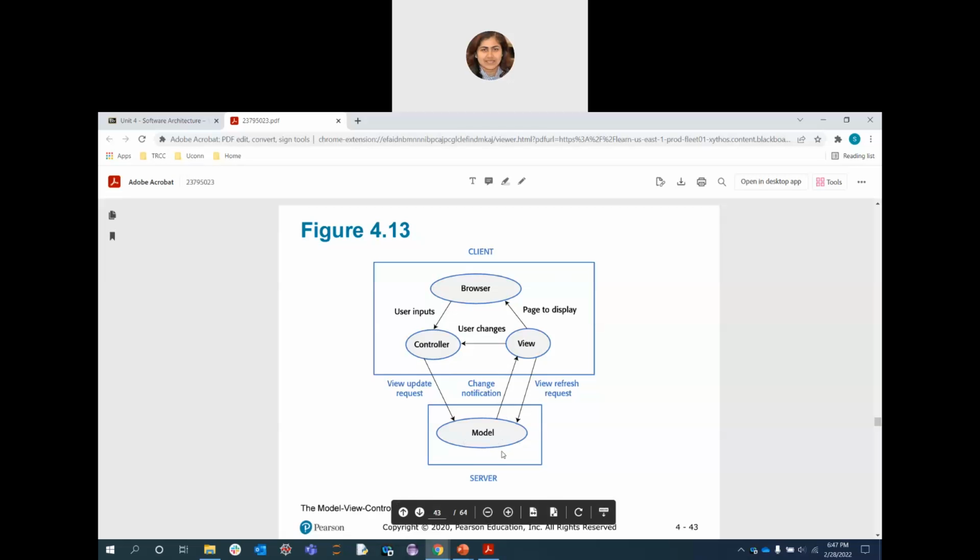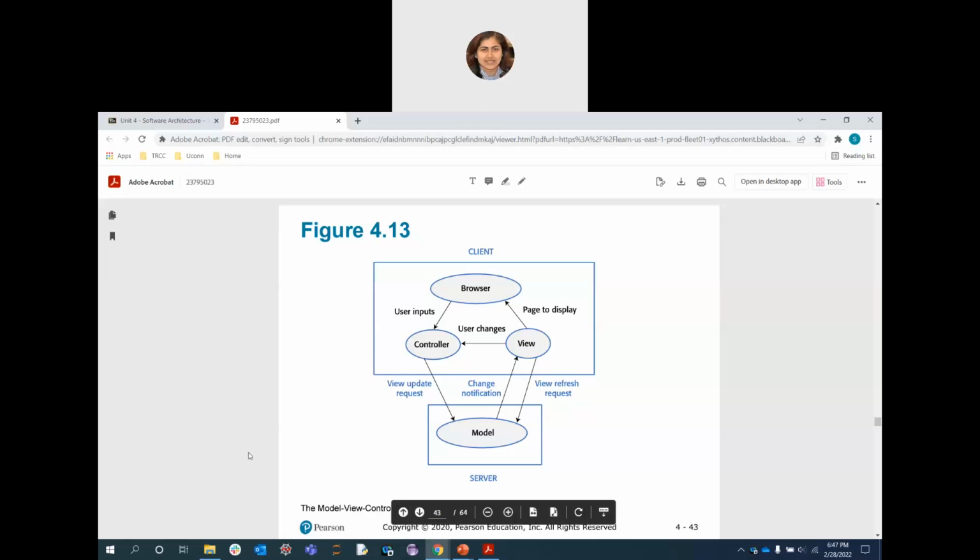The model here is the central component of the pattern. It is the application's dynamic data structure. Your view is any representation of information, such as a chart, a diagram, or a table. And the controller can accept input and convert it into commands for the model or the view.